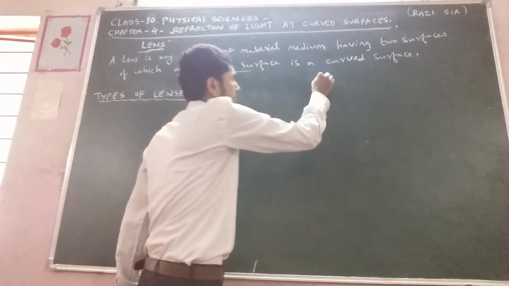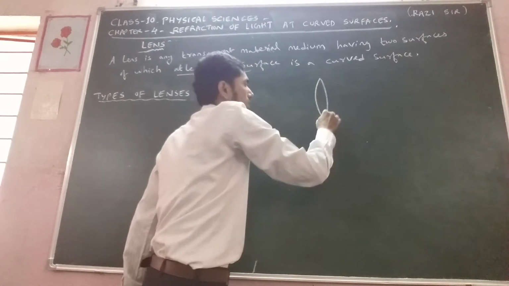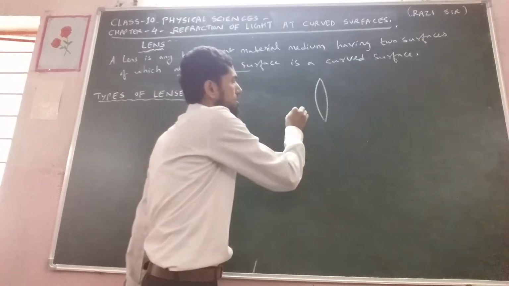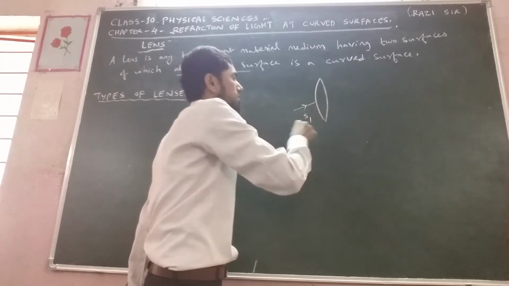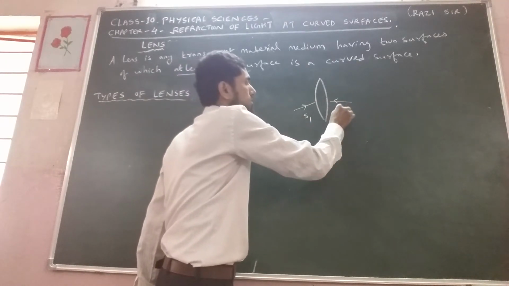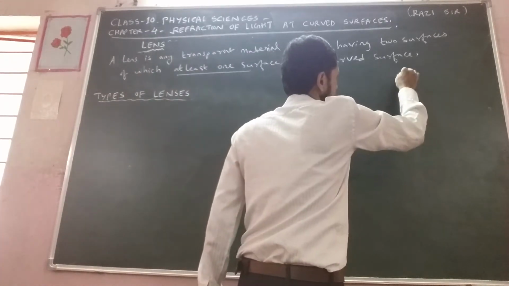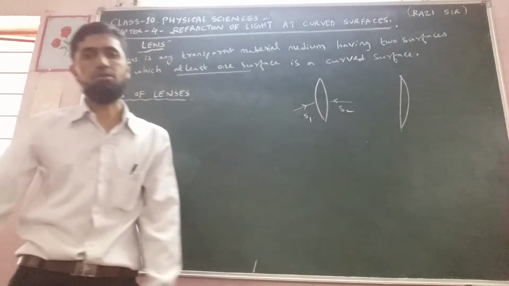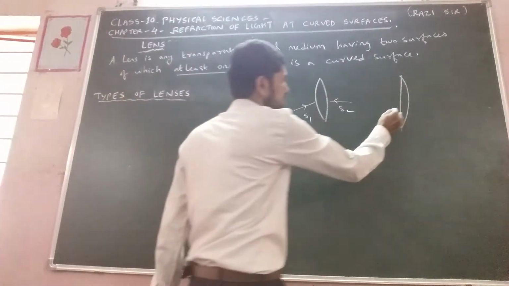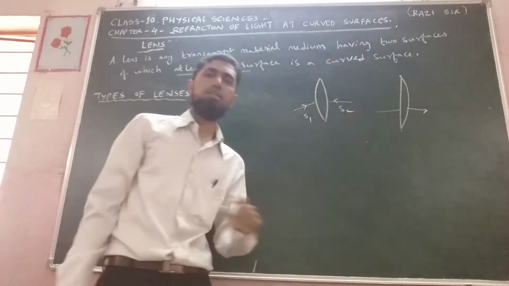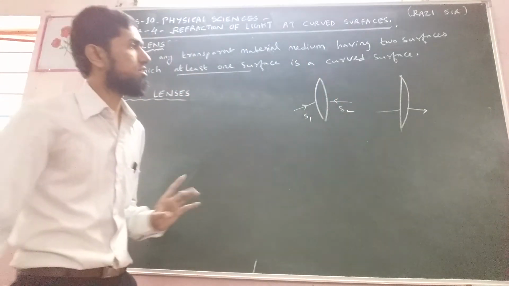If we take this kind, this will form a lens. This is surface 1, this one is surface 2. If I take another one, a lens of this type, here we have a plane surface and here we have a curved surface. Again the condition is at least one curve.